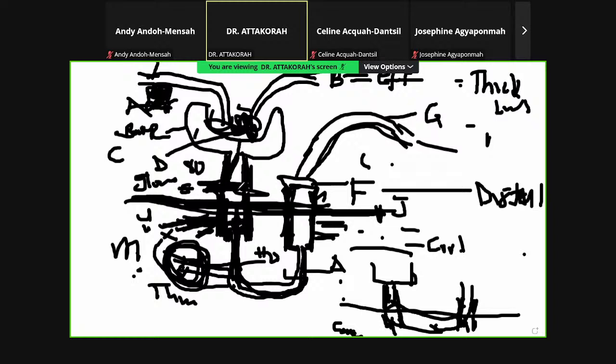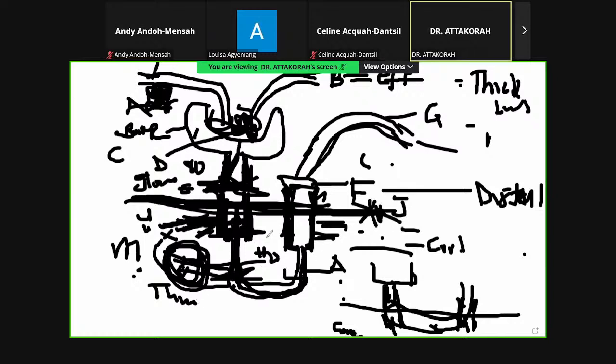Exchange occurs at this side, the cortical region, and this side is where exchange occurs. So if there's a problem here, it would affect the cortical and the medulla.